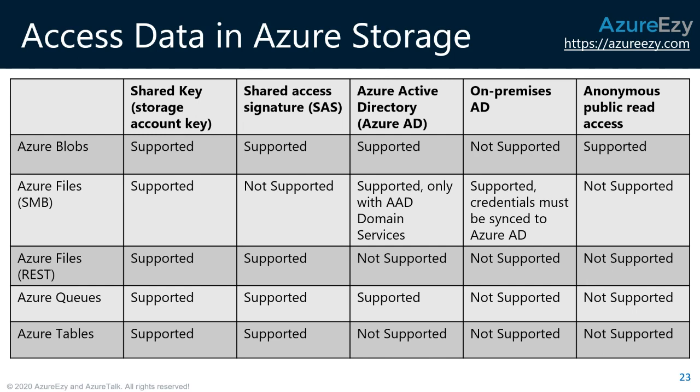Apart from that, you can use a SAS signature to authorize your Azure Blob, any file object or container in the Azure Blob, Azure File REST, Azure Queue for some applications, and Azure Table for some applications. The next option that we have is Azure Active Directory.